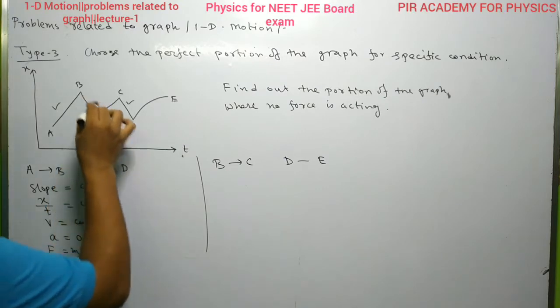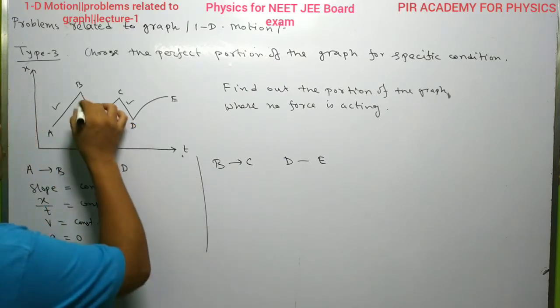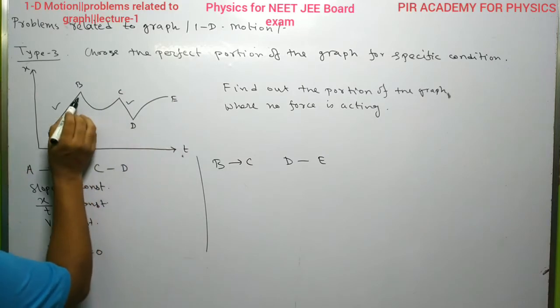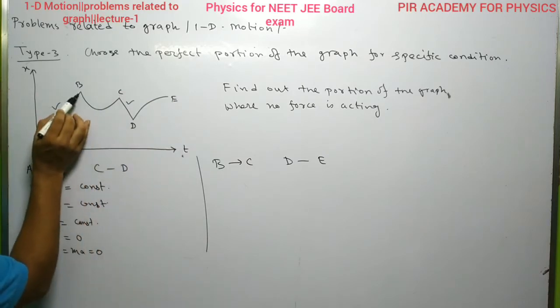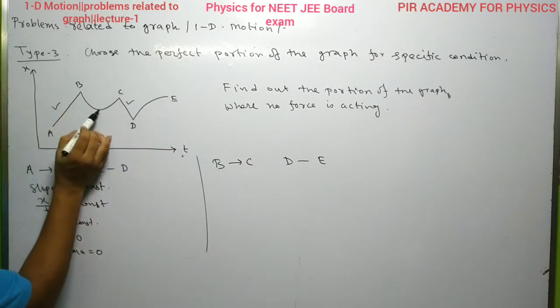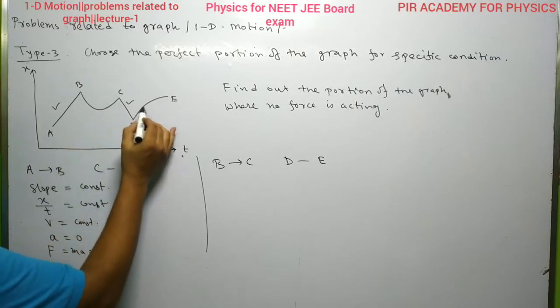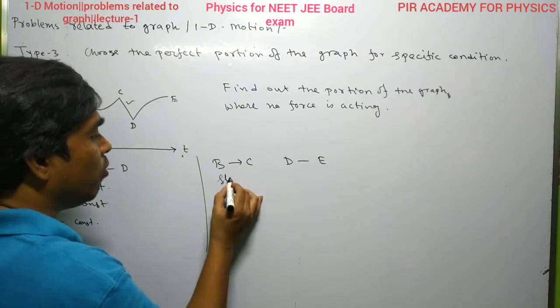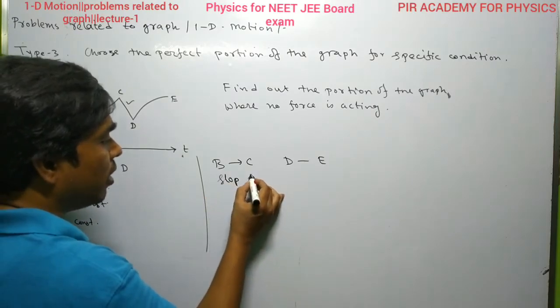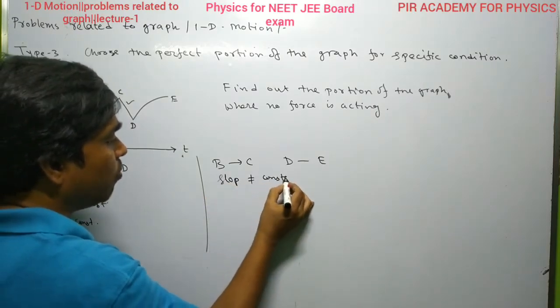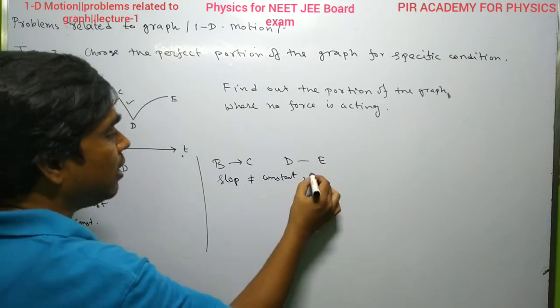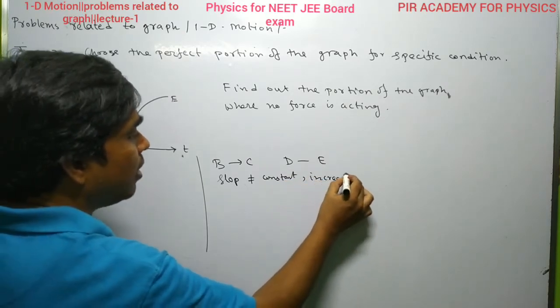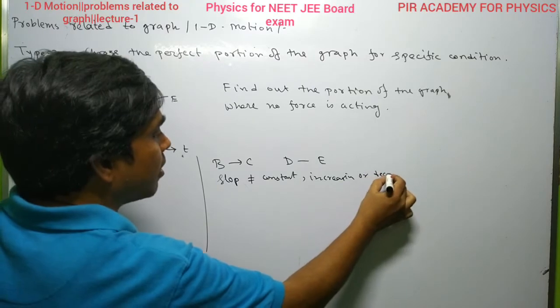Now what happens at B to C and D to E? You see that here the slope is decreasing, here the slope is increasing. That means the slope is not constant, it is increasing or decreasing.